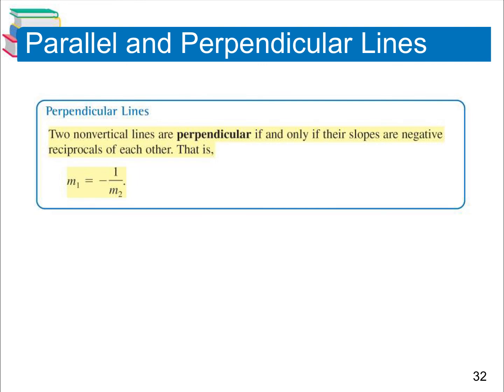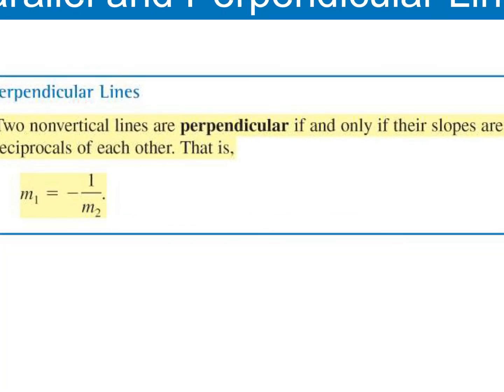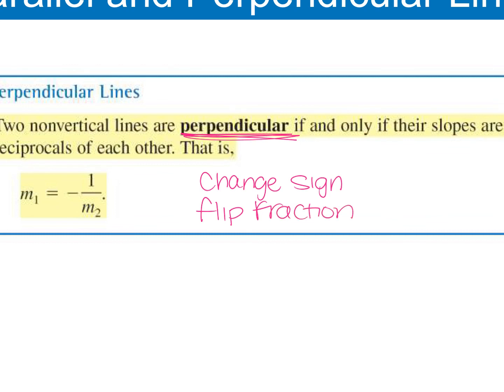For the next part, we are going to look at finding the equation of a line that's perpendicular to a given line. So with perpendicular lines, you're going to change the sign and flip the fraction of the slope.